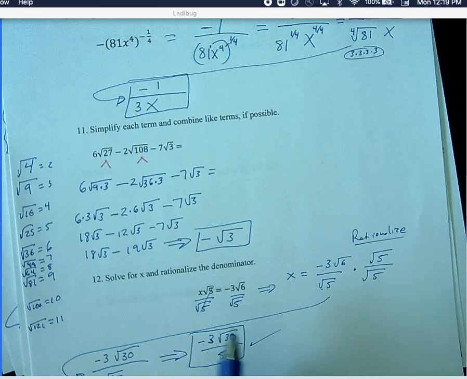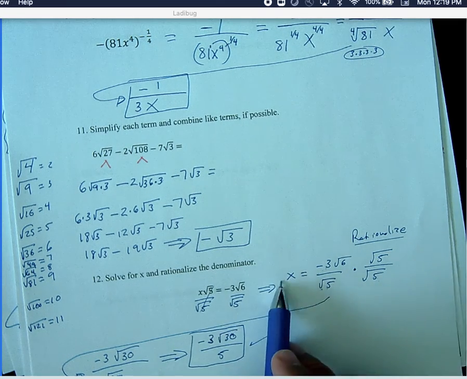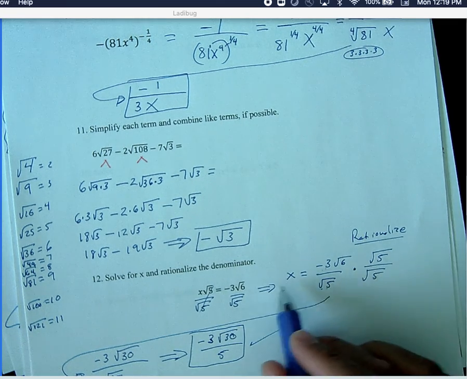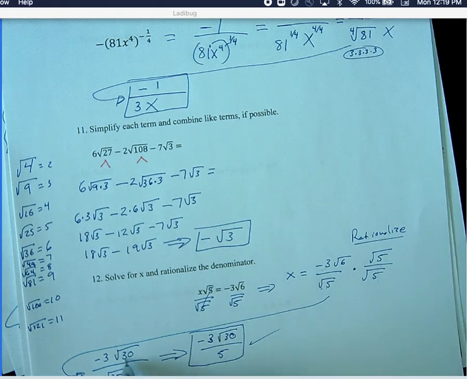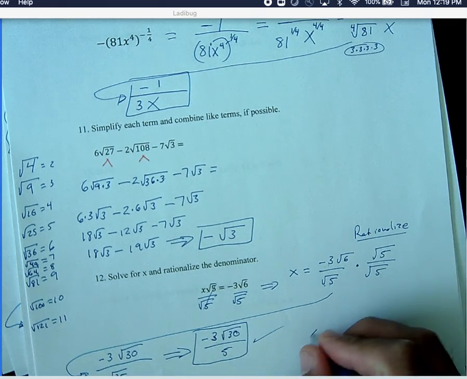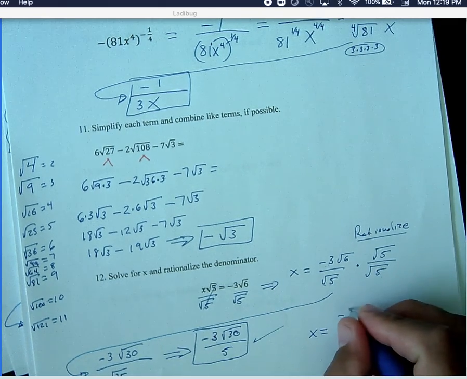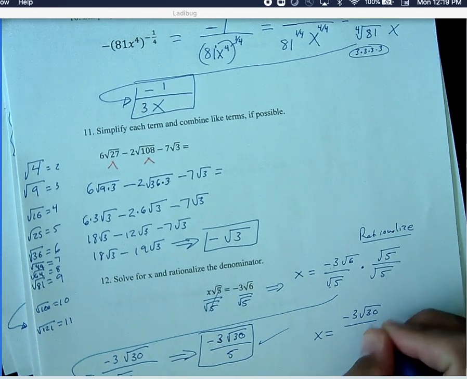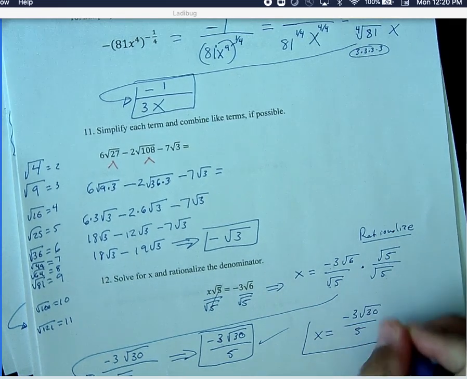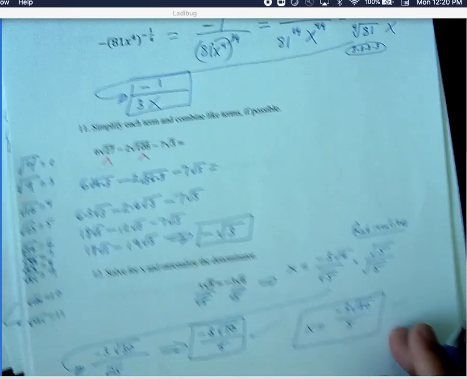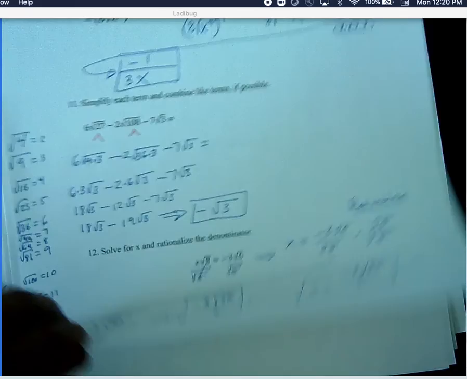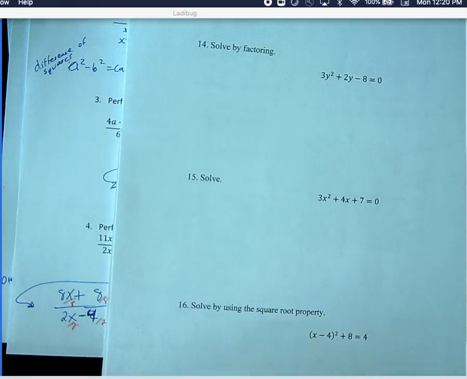So we solve for x, because x is not on this side. I should have carried the x, but x was equal to this. So x is equal to this. I should have written it like that. It's the same. Okay, let me see, 13.